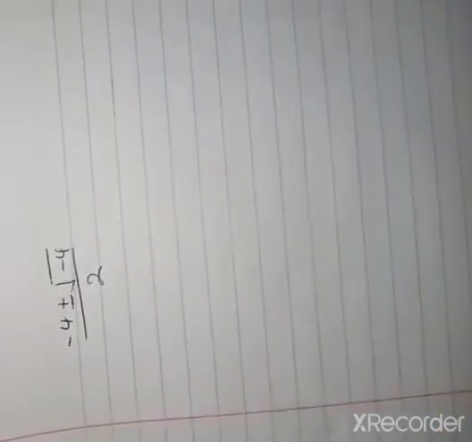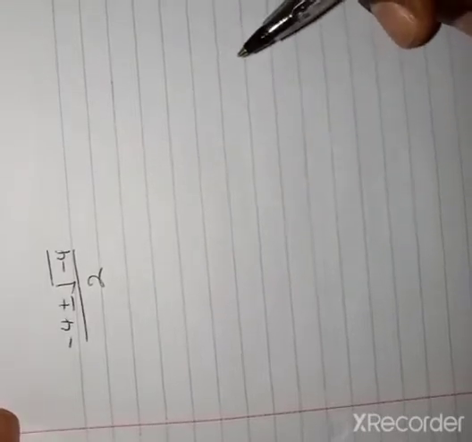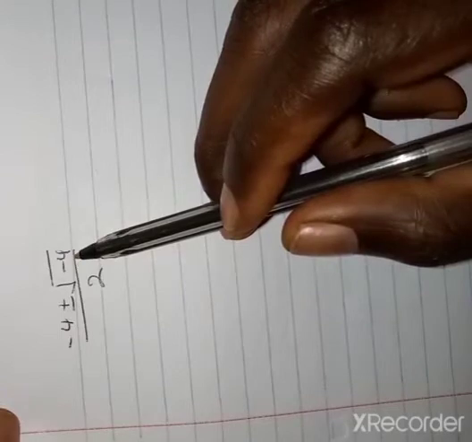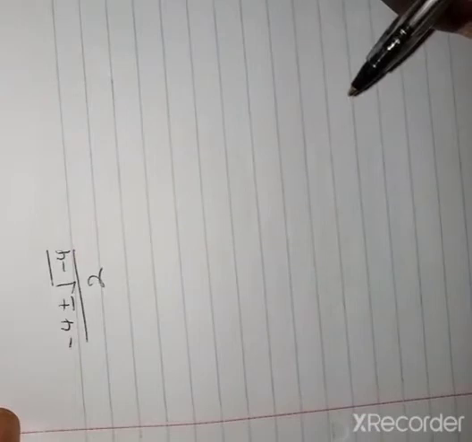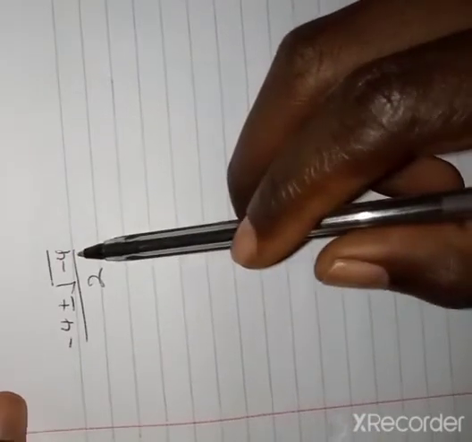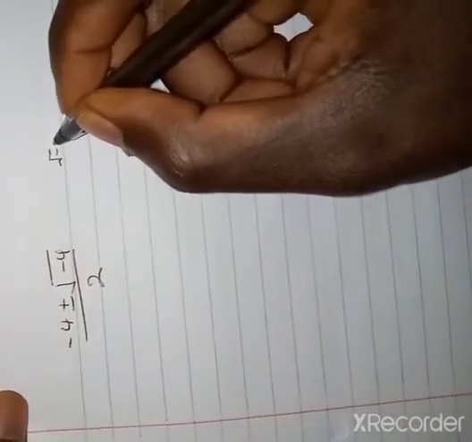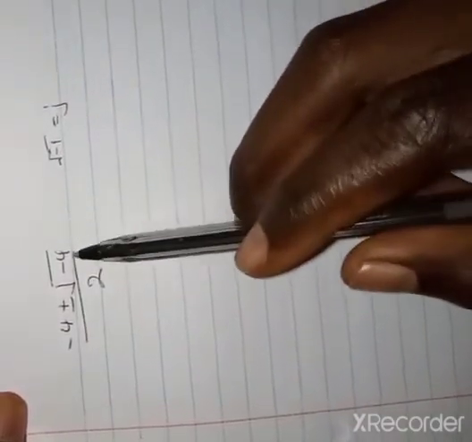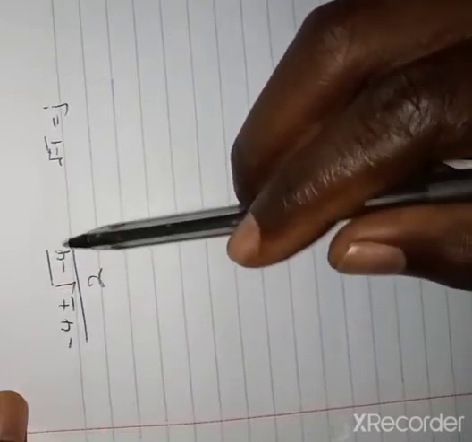Now the equation has a negative inside the square root, so you cannot find the square root of negative 4 unless you introduce a complex term, which is j. Because we know that the square root of negative 1 is equal to j, expanding that, you can have negative 1 times 4, which is negative 4.